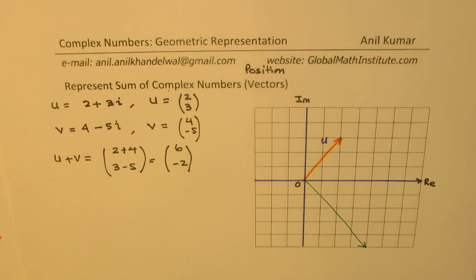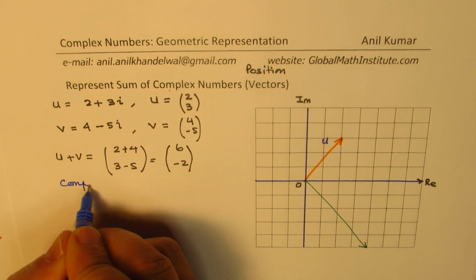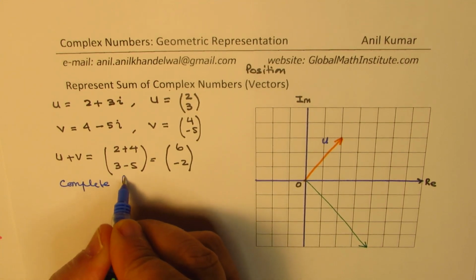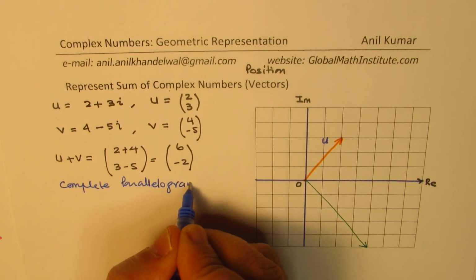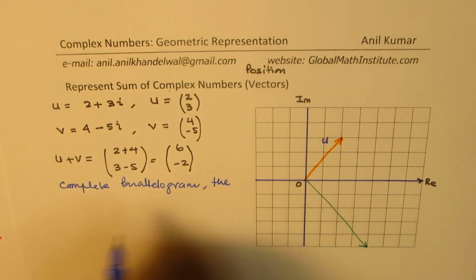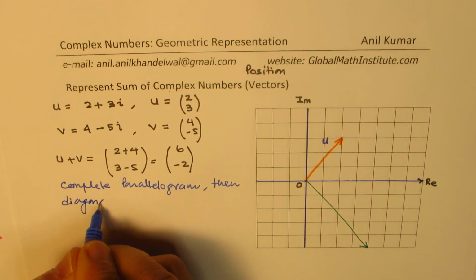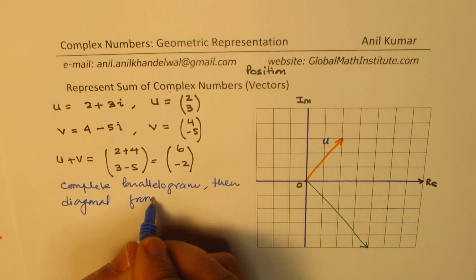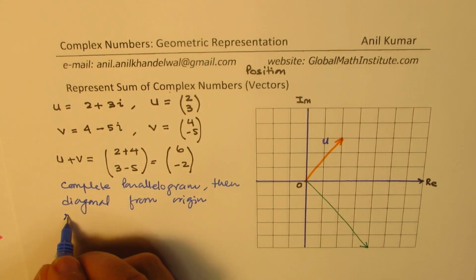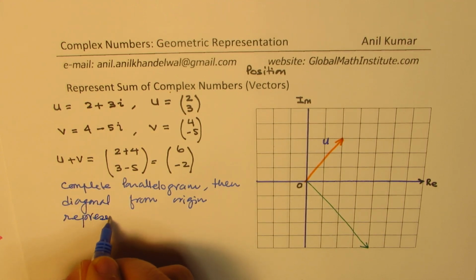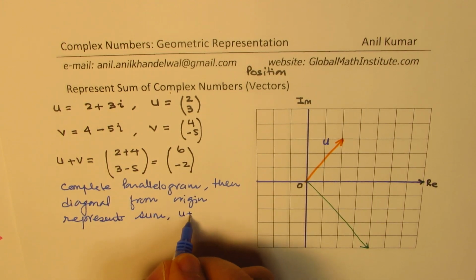So the step here is to complete the parallelogram, then the diagonal from the origin represents the sum u plus v. Is that clear to you, right?